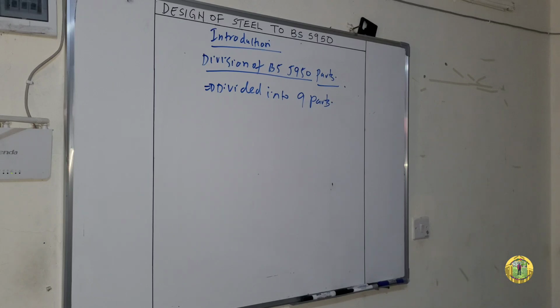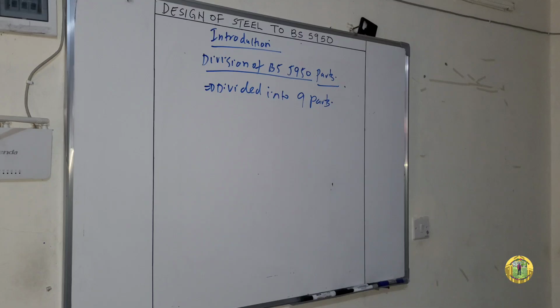We have part 3, design in composite construction. This is section 3.1, code of practice for design of simple and continuous composite beams. We have part 4, code of practice for design of composite slabs with profiled steel sheeting. Part 5, code of practice for design of cold formed thin gauge sections. We have part 6, code of practice for design of light gauge profiled steel sheeting.